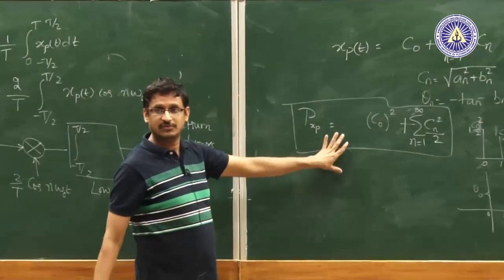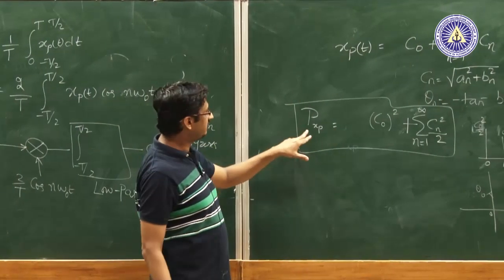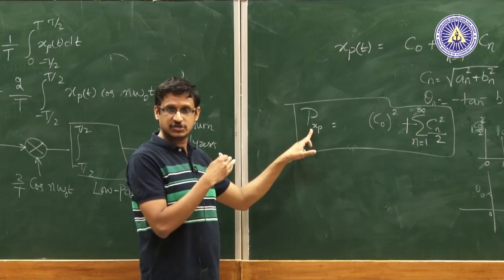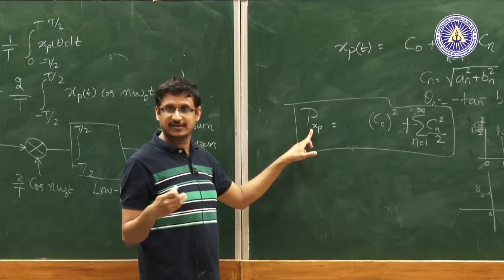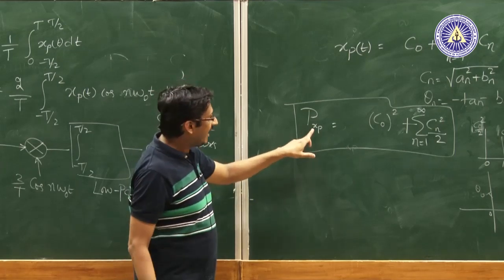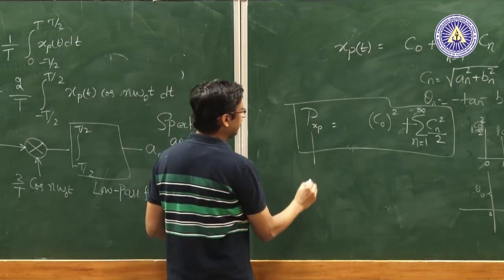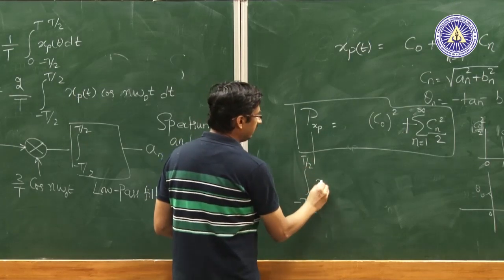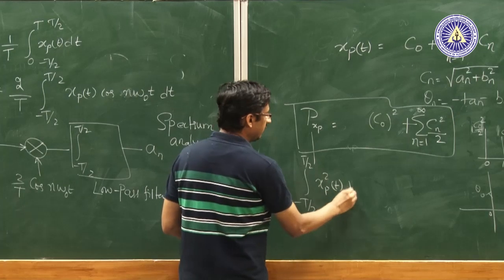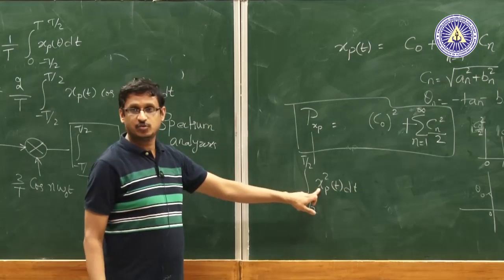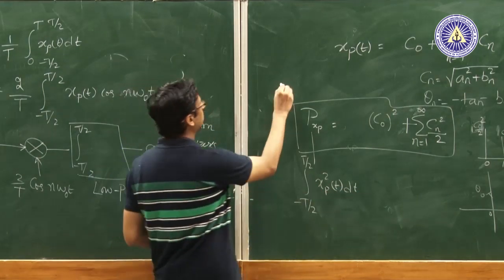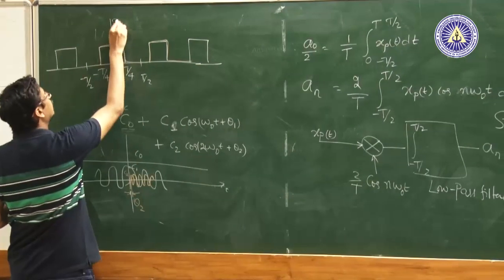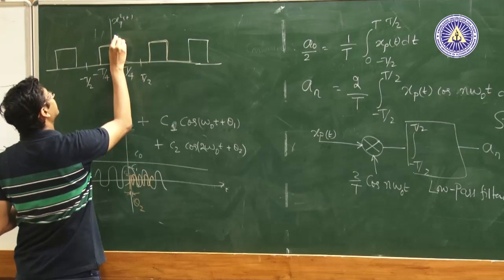I do not have time to derive it, but this is the power in the signal xp of t. The average power, as we have already defined, is given by the integration over one time period of xp square of t. So, if you go back to this periodic signal, this is the amplitude A. To write down xp square of t, you will have to square this.